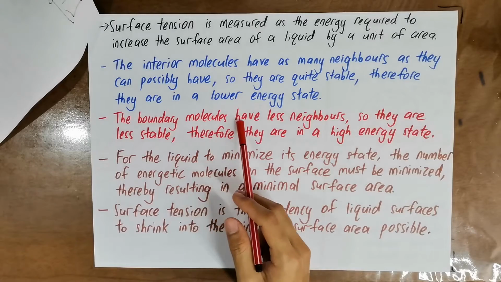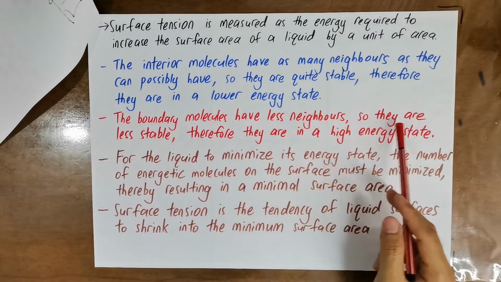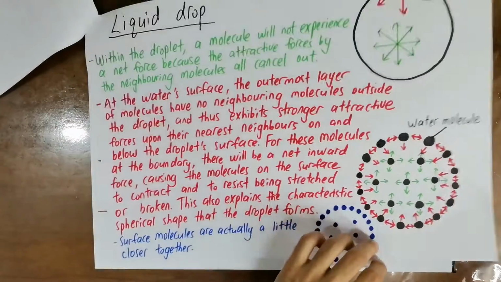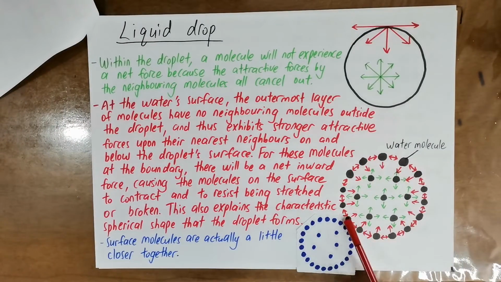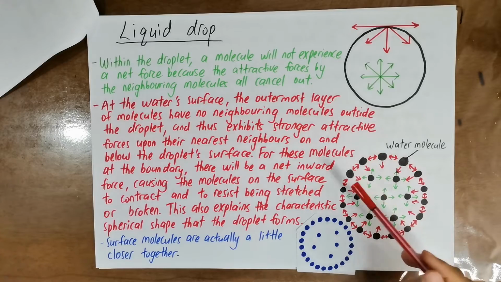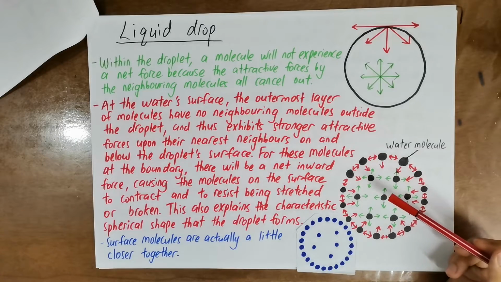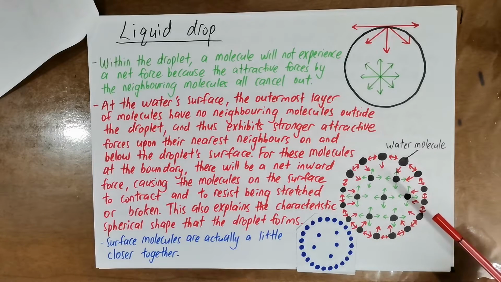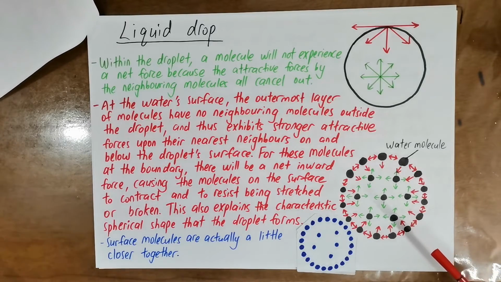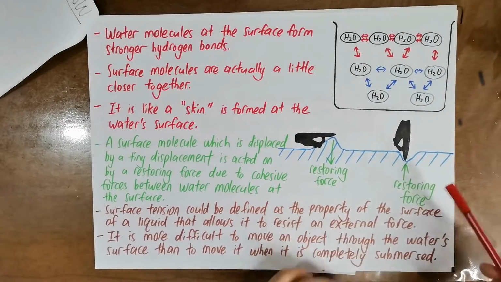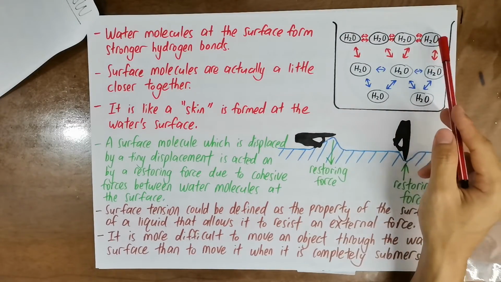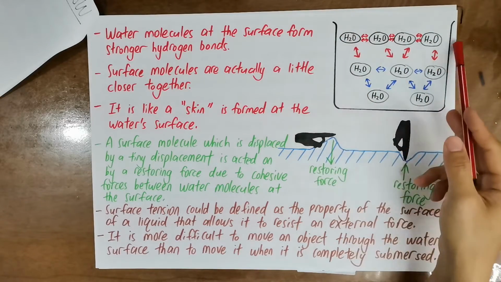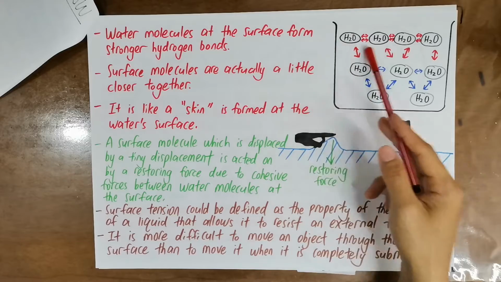So the boundary molecules have fewer neighbors, so they are less stable and therefore they are in a higher energy state. Because the water molecules on the surface cannot form as many hydrogen bondings as they want, they are less stable, so they have a higher energy state.